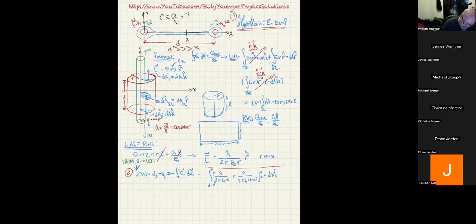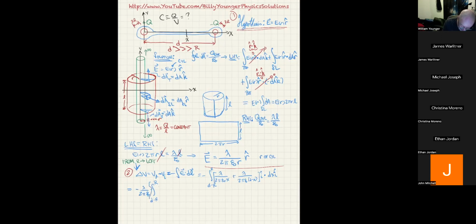So let's continue on this line. We can see that the lambda over 2 pi epsilon naught and the negative are all going to come out in front. So I'm going to say negative lambda over 2 pi epsilon naught, integral d minus r to r, again, r being the little radius of the wire. And what I get is two integrals, basically. You can look at it that way. So I'll draw this as a curly bracket.